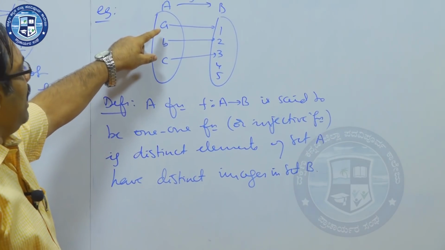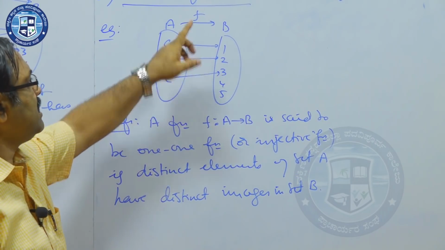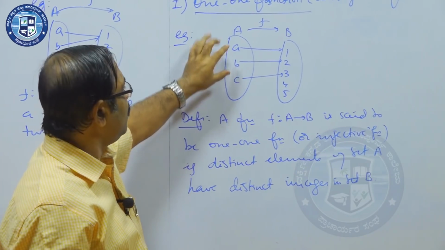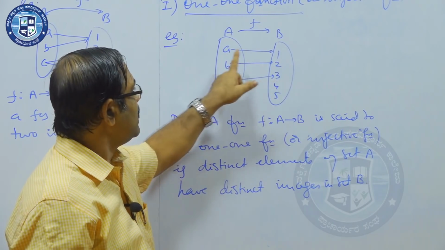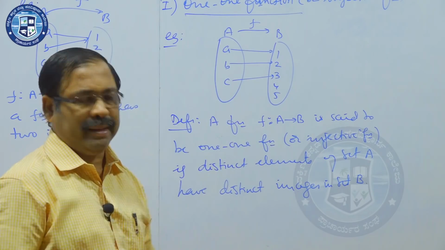That is, I have mapped the elements of set A into set B under this function f. Now it is said to be one-to-one if distinct elements of set A have distinct images. Say A is mapped onto 1, B is mapped onto 2, C is mapped onto 3.